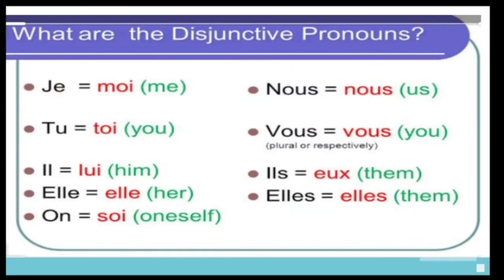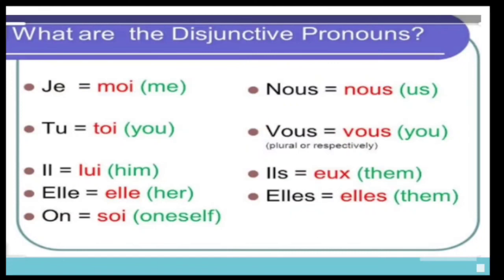And what are disjunctive pronouns? That is the pronom tonique. Je is a pronom sujet, and moi is a pronom tonique. It means me. And tu is a pronom sujet, and toi is a pronom tonique, that is you. And lui, him. Elle, her. On, soi, that is oneself.